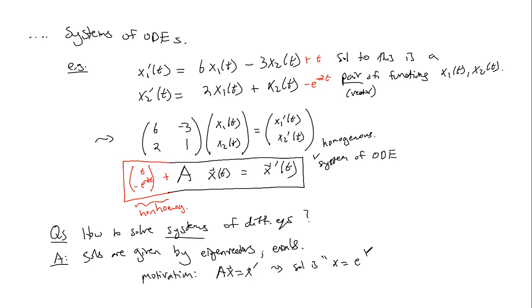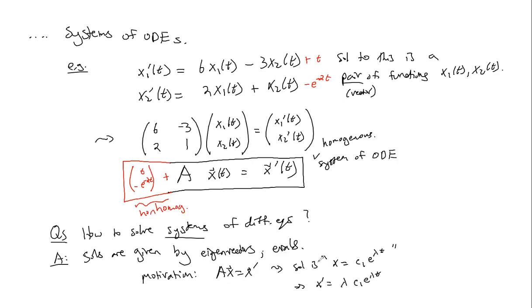It'd be e to the lambda t. Or like, I'll say C1 e to the lambda t, right? And then its derivative x' would be lambda C1 e to the lambda t.